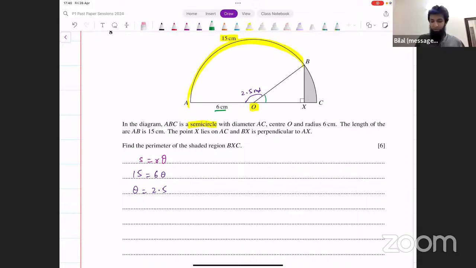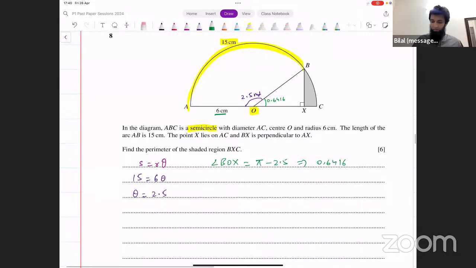Angle BOX is going to be pi, because the angle on a straight line is pi, subtract from that 2.5. That gives you this angle, pi minus 2.5, which is 0.6416, to 4 significant figures because this is working. 0.6416. That's the angle.